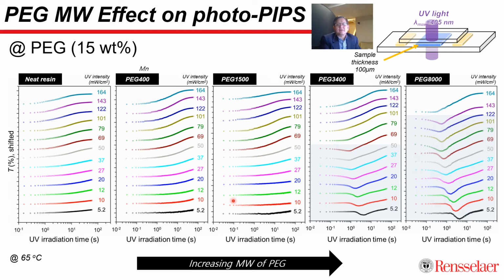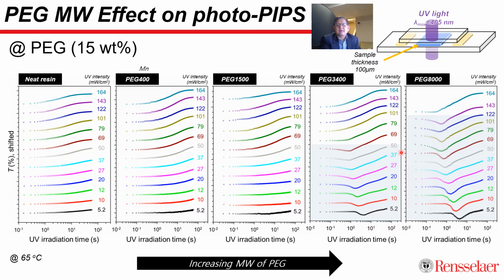Okay, so this one shows that we changed the molecular weight of PEG, and by increasing the molecular weight, the incompatibility increases. So PEG 8000 is the most incompatible, and PEG 3400 is the one that shows some interesting switching behavior.